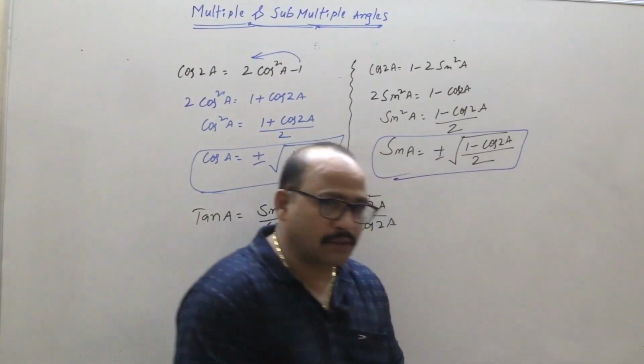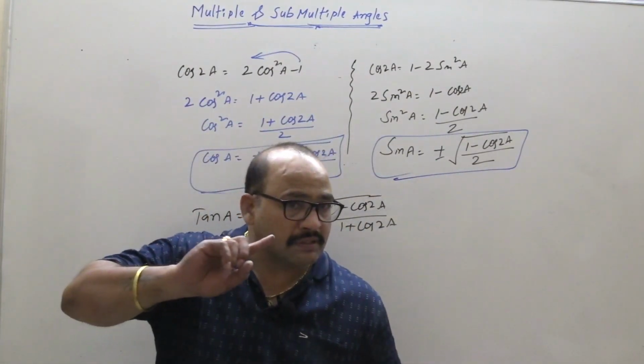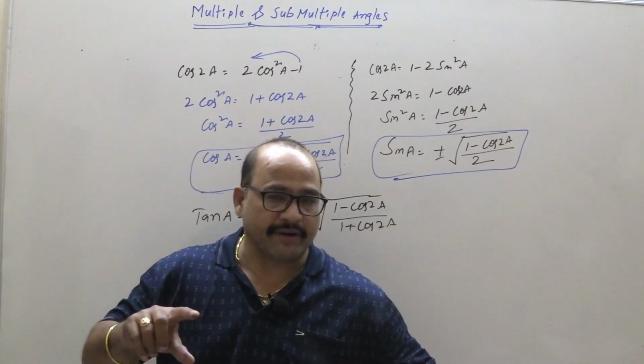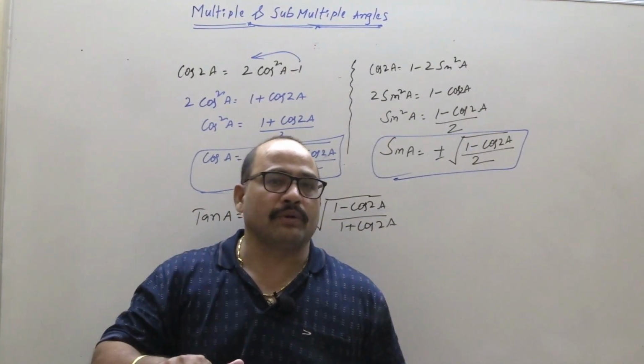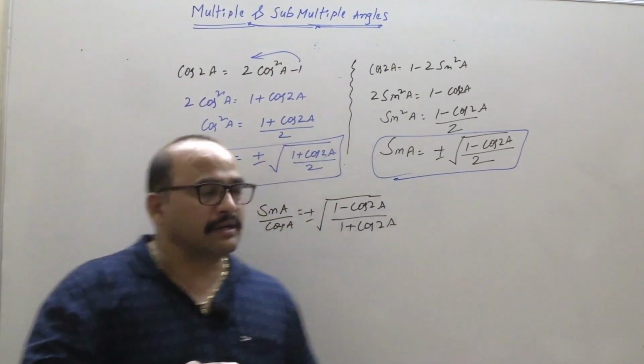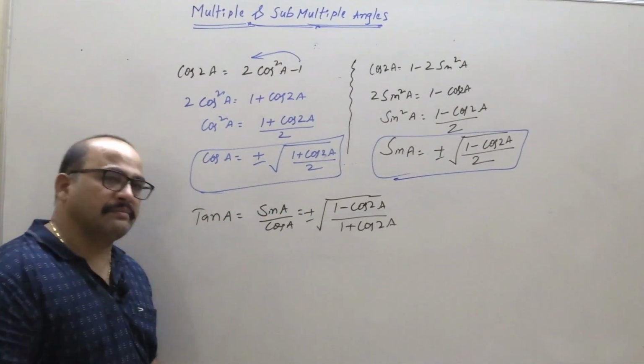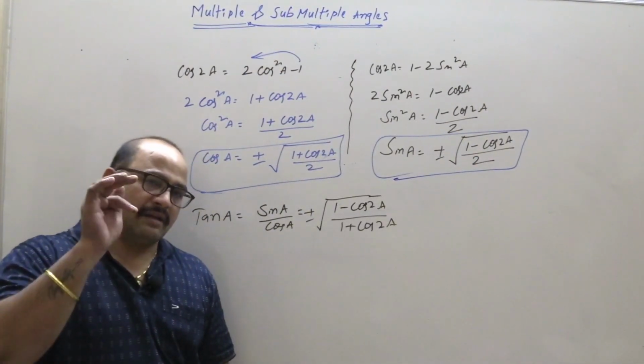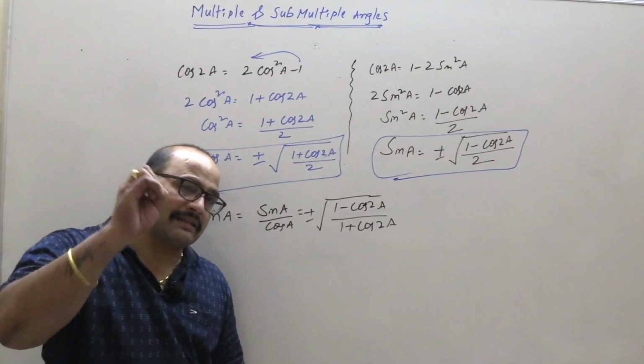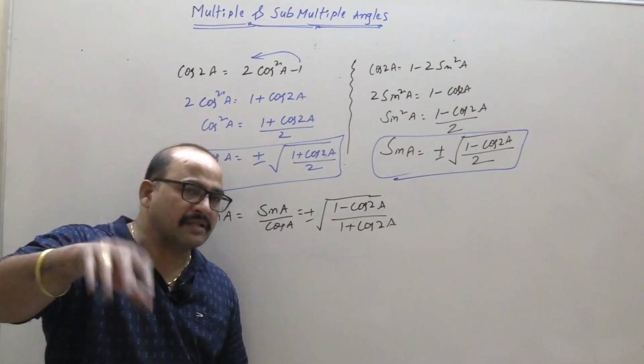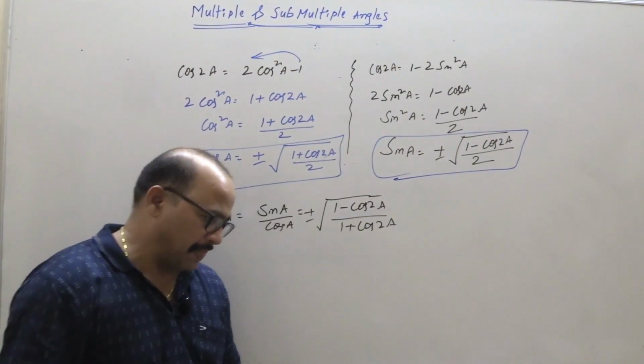Next, this is the total topic, multiples. Once again I will review sin 2A, cos 2A, tan 2A, sin 3A, cos 3A, tan 3A, the multiples. Next I am going to write submultiples.